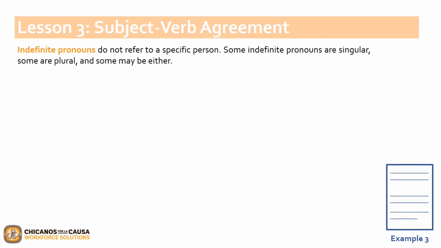Indefinite pronouns do not refer to a specific person. Some indefinite pronouns are singular, some are plural, and some may be either. To understand indefinite pronouns, view the chart below.